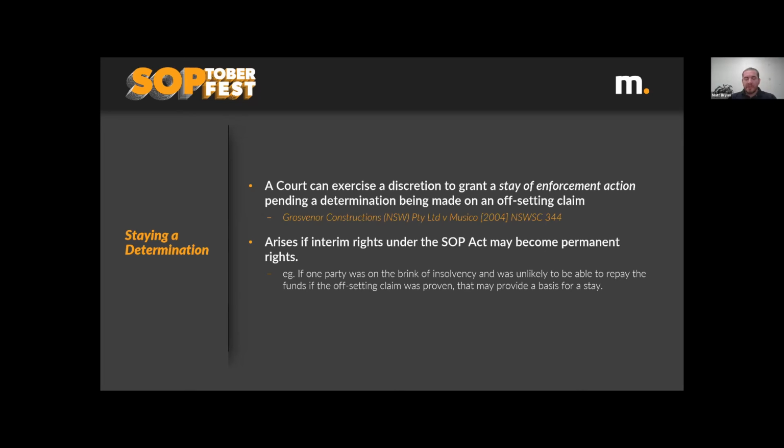Yeah, it used to be the case that a company in liquidation could make a payment claim, and in some amendments that were made to the Act in October 19, that position changed. But before it changed, it was often the case that liquidators, for example, would issue payment claims or rely upon payment claims that had been issued and try to enforce those as judgments.